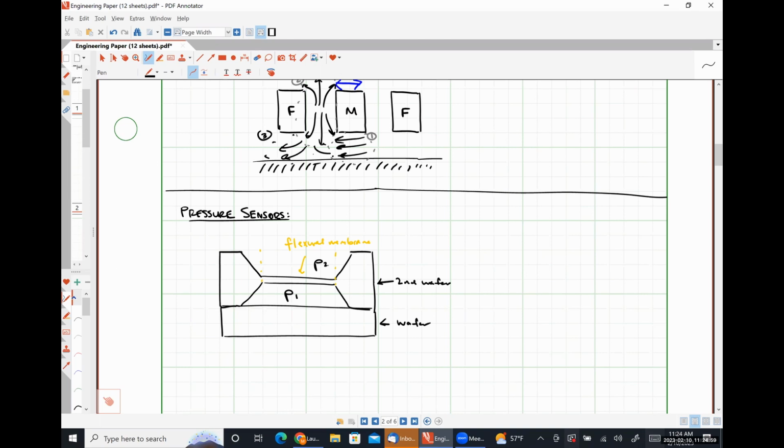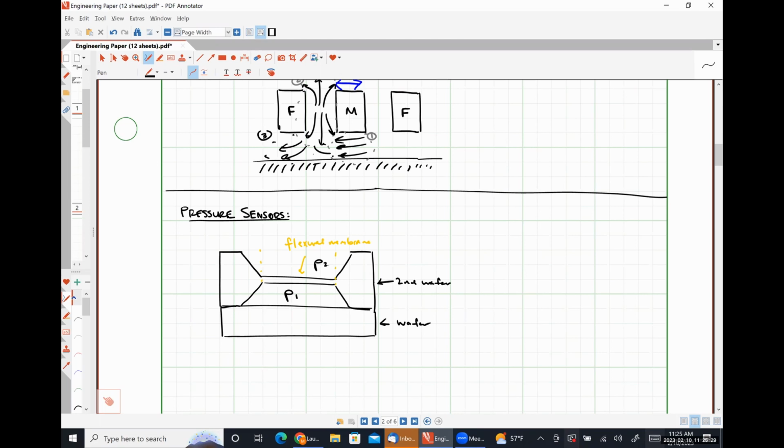And a pressure sensor is literally just a device like this, where there is some sort of transducer integrated into it to measure that deflection in some way and convert it into an electrical signal. So that could be putting piezoresistors at the locations of maximum stress and then measuring that stress as our membrane deflects to generate some output voltage.